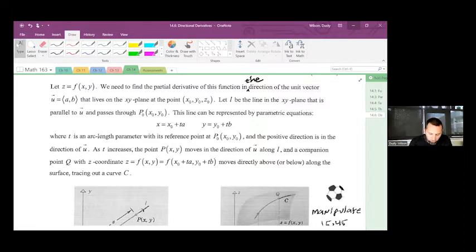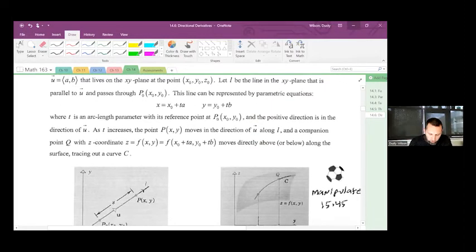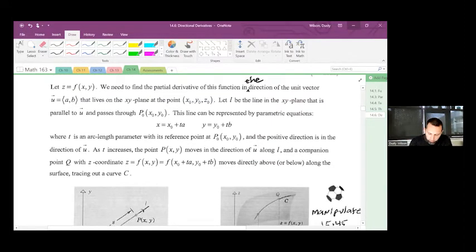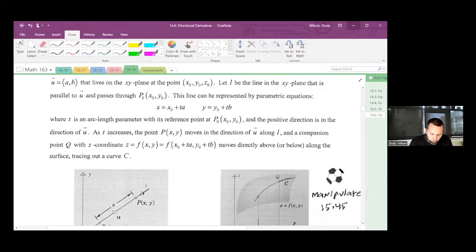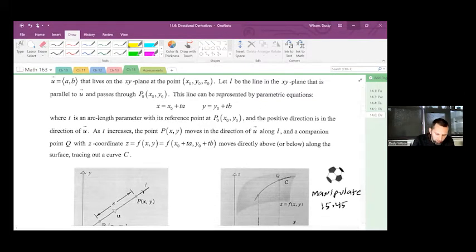Let's see if we can help ourselves with our picture. So we have our u vector here showing up. And we have our line L. Where is that? Our line L. And that's this whole line all the way.